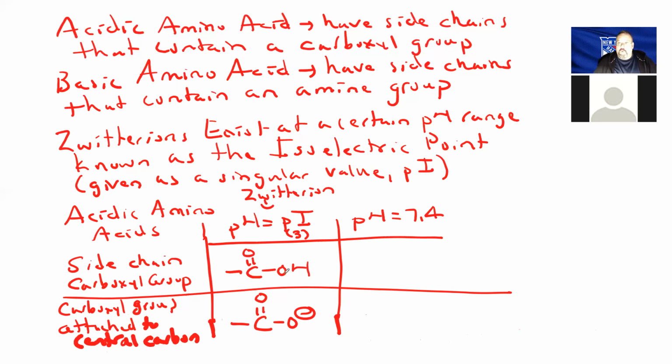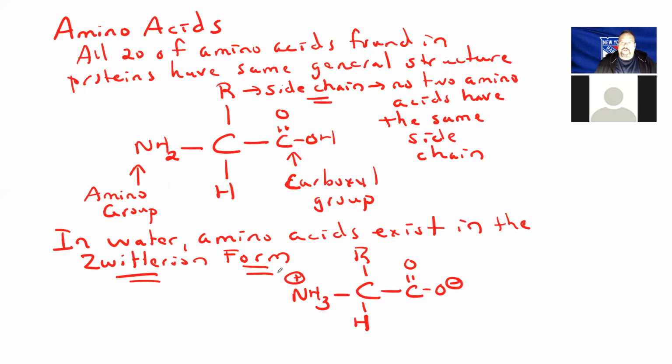Because as you know, when you have a carboxyl group where you have the OH, that oxygen is neutral. So now the side chain is neutral. And if you put that into here, the side chain's neutral, +1 - 1 adds up to 0. And you have a true Zwitter ion because the overall charge adds to 0.